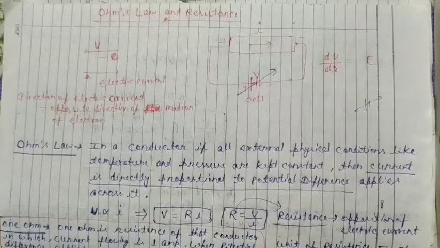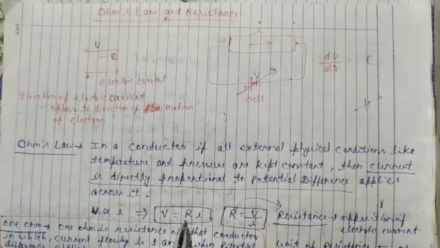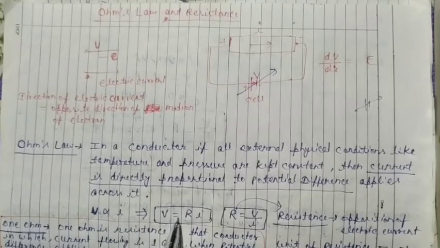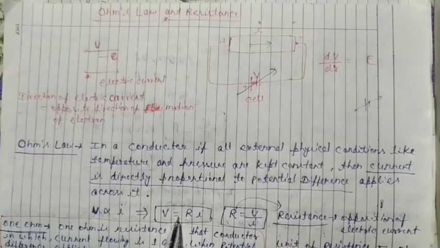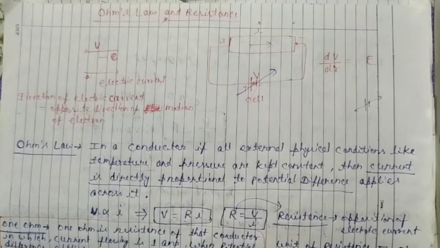Current is directly proportional to potential difference, or potential difference is directly proportional to current. This we can write as V proportional to I, or I proportional to V. Then by putting a constant R, changing the proportional sign to an equal sign, we can write V is equal to a constant R multiplied by current I. This is Ohm's law.